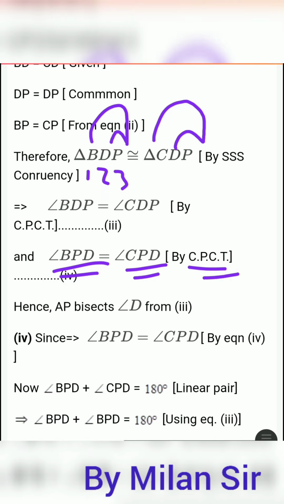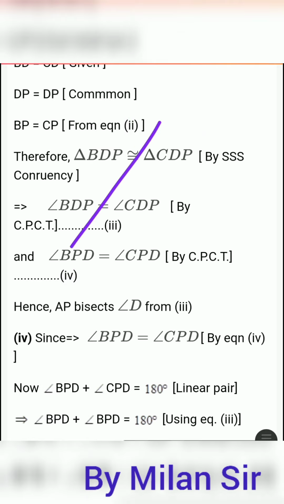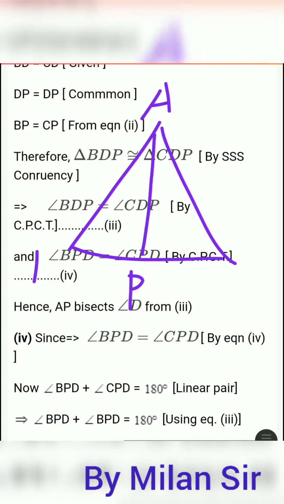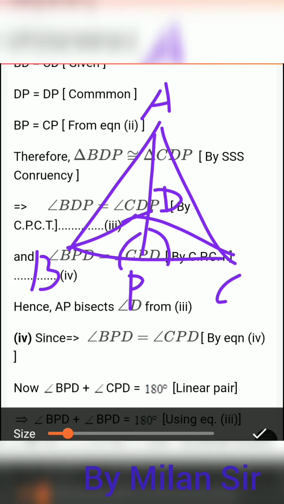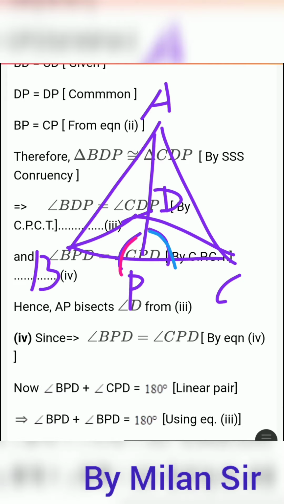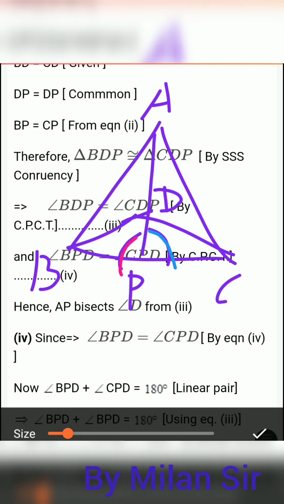It means what? Here we have a triangle. Now from here we can say that these two angles are same, this angle and this angle. If these two angles are same, then these two angles are a linear pair of angles, and linear pair of angles means the addition is 180 degree, right?